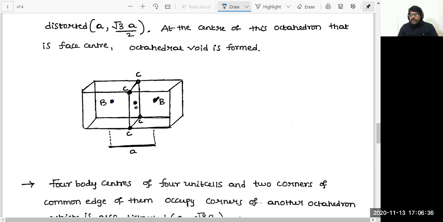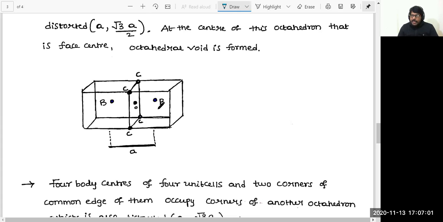The distance between corners is a. This is also a, and this is also a. And the distance between the 2 body centers is also a.